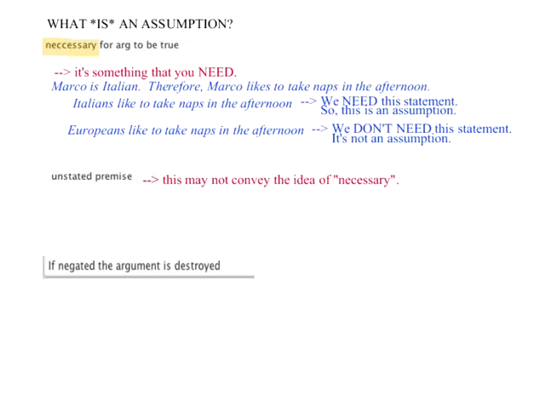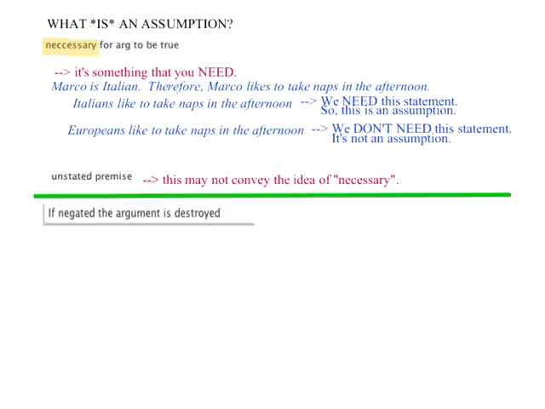Otherwise, that's what an assumption is. If you want to think about it as a definition, you've got a definition: if negated, the argument is destroyed. This is true because this is what necessary means. If you had to give a definition of necessary, this is probably what you would give, right?